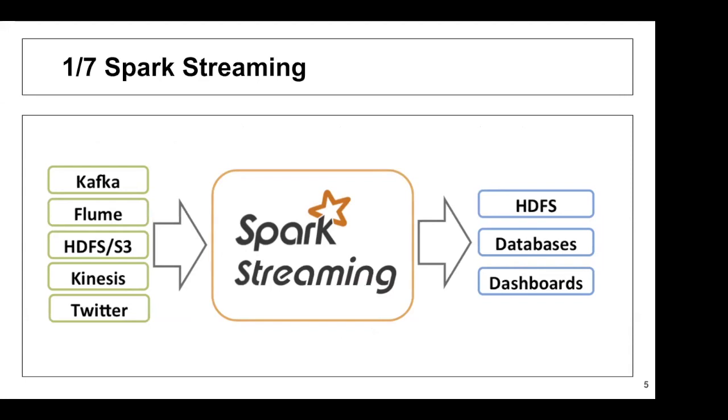The interesting part is we can apply higher level functions over these data to process them. The data can come from various sources like Kafka, Flume, or any TCP, or in our case, MQTT. We will process this data, and then we will push it to be stored somewhere in HDFS or live dashboards.